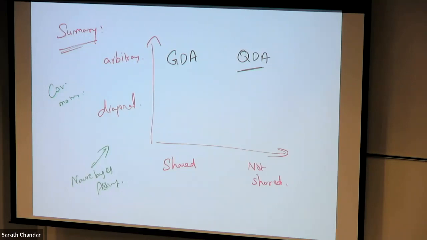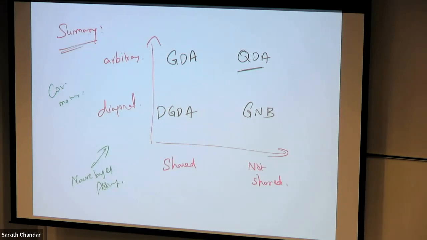Now, when you add the diagonal assumption, the naive Bayes assumption, you get Gaussian naive Bayes. And this algorithm that we just mentioned in the end is called diagonal GDA. So the names really don't matter. What matters is what the different characteristics of these algorithms are, okay?